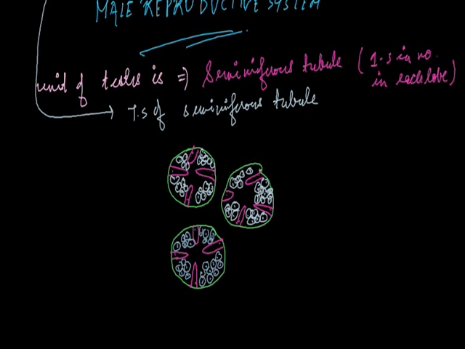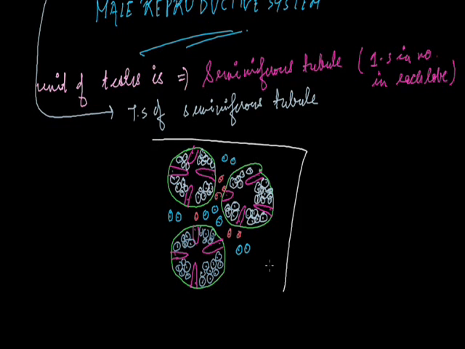In between the seminiferous tubules are present specialized cells known as the Leydig cells, and there are also blood vessels in between them. So this is the TS of the seminiferous tubules. It has two types of cells.